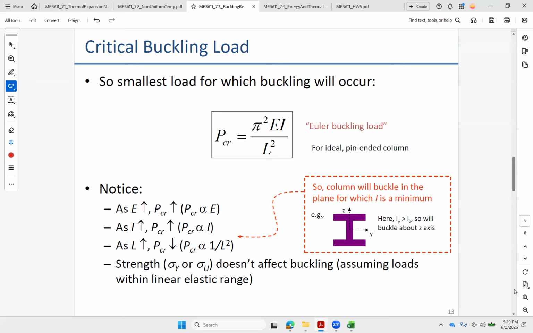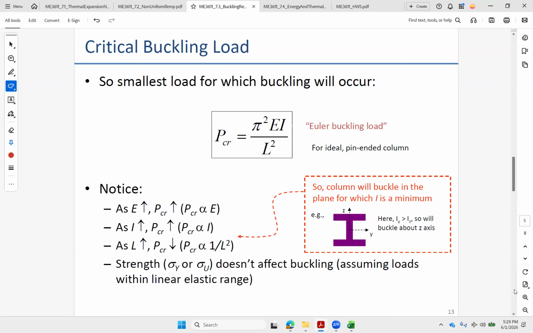We also have to be careful in a 3D situation. If I'm pushing down on an I-beam like this, then I could buckle about either one of these axes, right? So in this case, if it's a really high moment of inertia about Y and a smaller moment, an H-beam has a smaller moment than an I-beam this way, so it's going to buckle using that H-shaped cross-section.